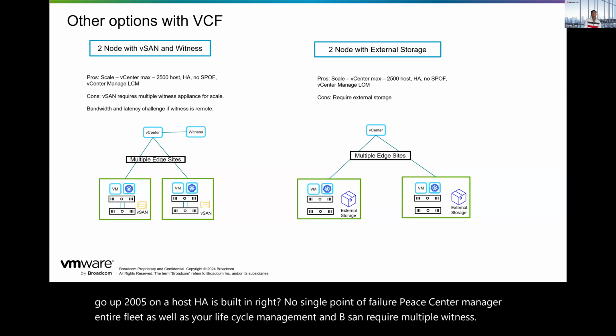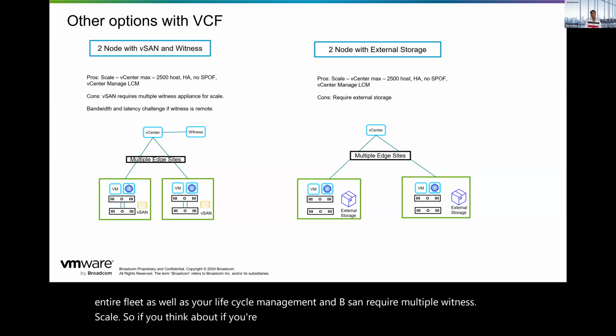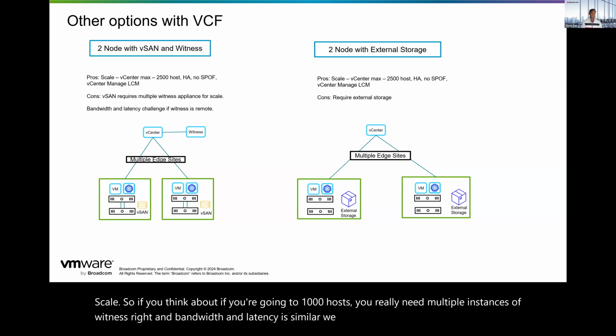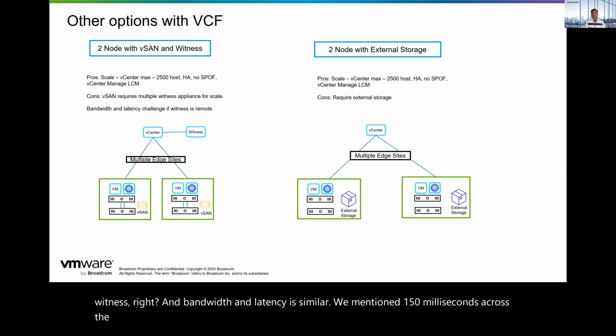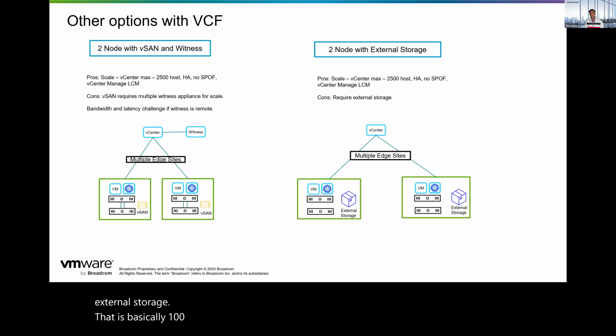If you're going to 1,000 hosts, you really need multiple instances of witness, right? Bandwidth and latency is similar. We mentioned 150 milliseconds across the board. But if you're doing SDDC Manager based external storage, two node with external storage, that is basically 100 milliseconds, because SDDC Manager requires that 100 millisecond latency.